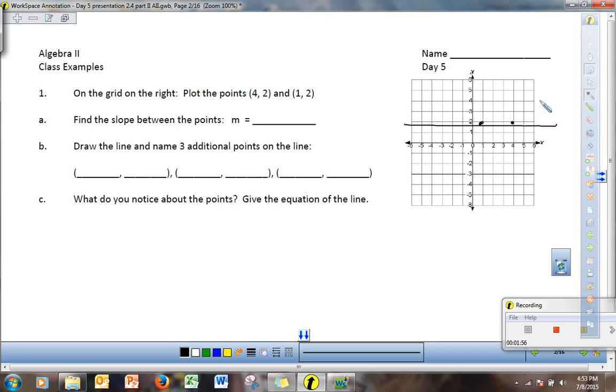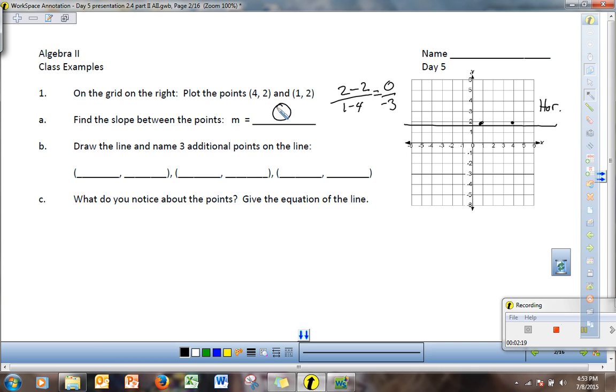Notice that I got a horizontal line. It says, now find the slope between those two. So change in y over the change in x. I'm going to go 2 minus 2 over 1 minus 4, which leaves me 0 over negative 3. So the slope of that line is 0.